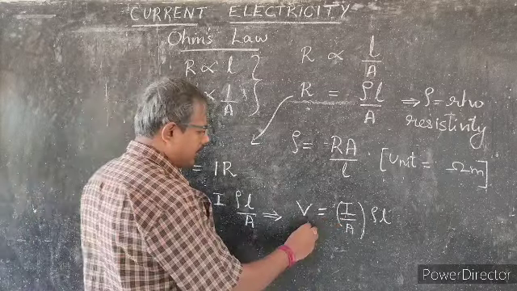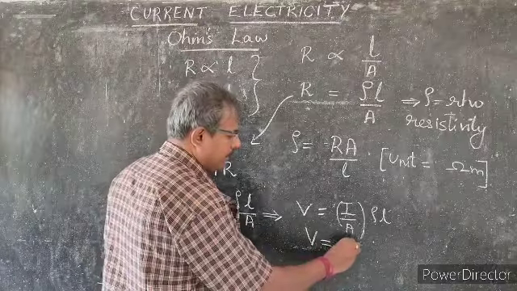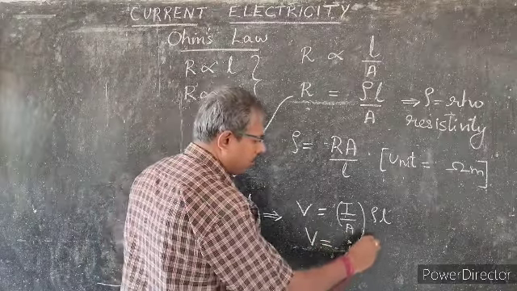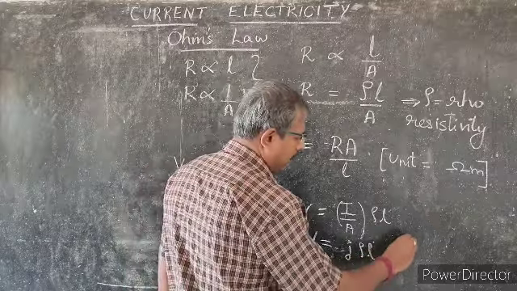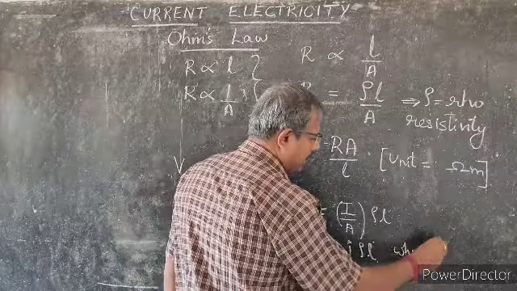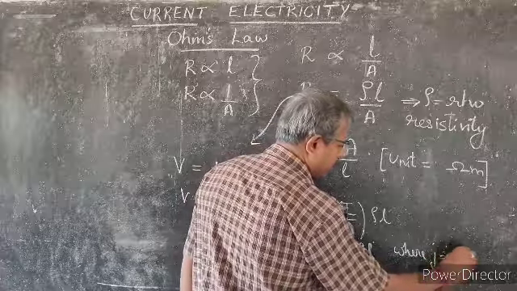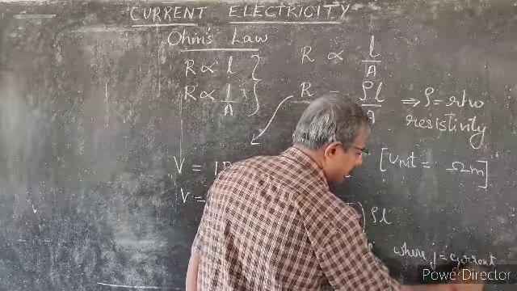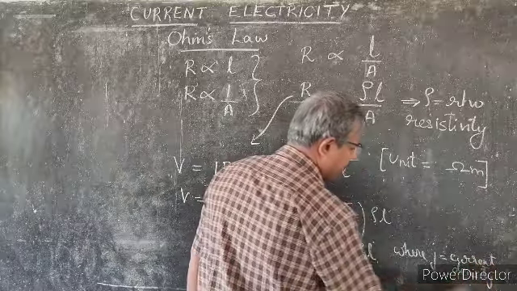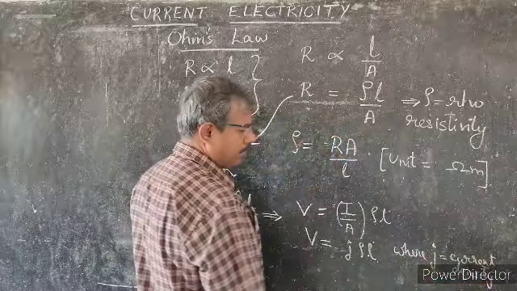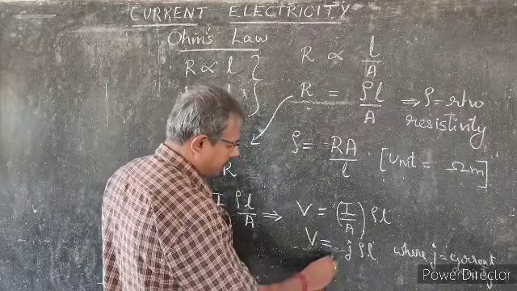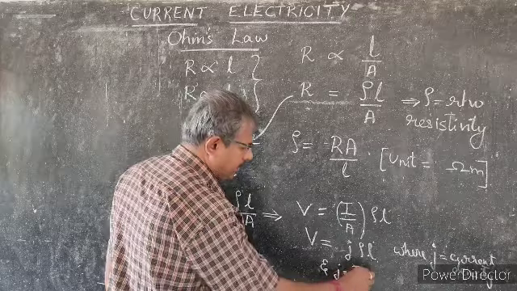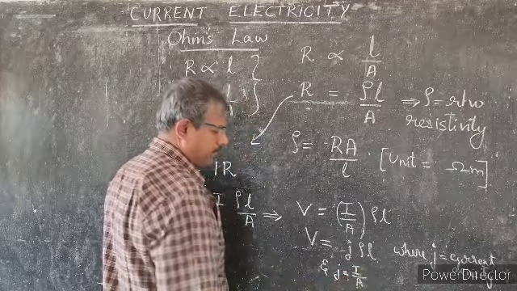So we will represent that by a new symbol which is small j, where J is equal to current density, and J is equal to I by A.